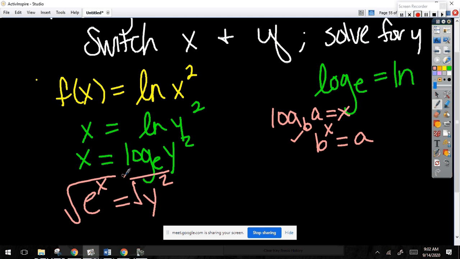Okay, so if I said the inverse of f is this, would I be correct? I'm close. What might I be missing? Y'all hated me in Algebra 2 when I did this, and I took a point every single time. Plus or minus? Yes.